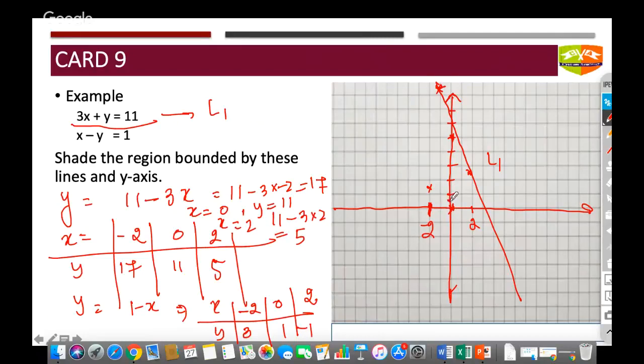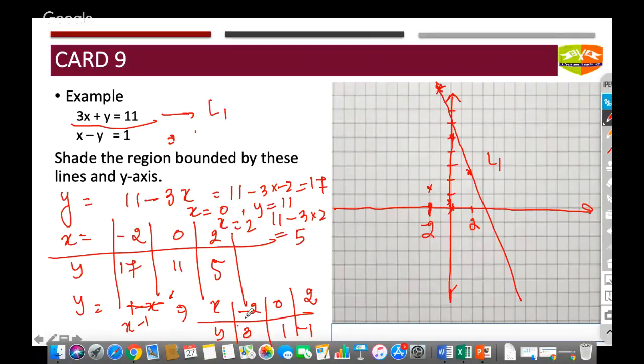Let me check the values once again. If x minus y is equal to 1, y comes out to be x minus 1.